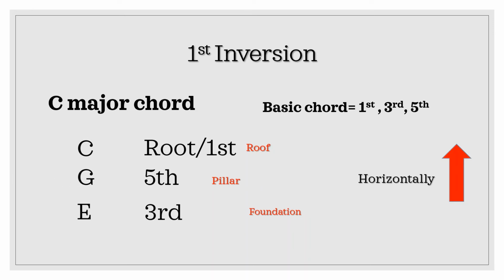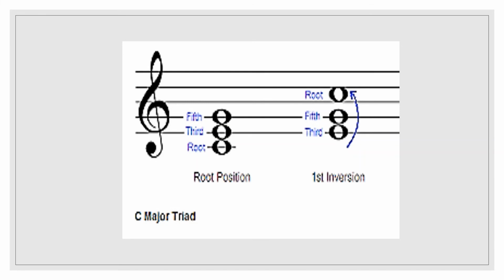So now the E would be the foundation, because that's the third. The G would be the pillar, and C would now act as the roof. So all we did was reshuffle it by moving the C up. Now what I want you all to remember is that, reading from left to right, in the first harmonic in root position, the C was the root, which is middle C. Middle C was the root.